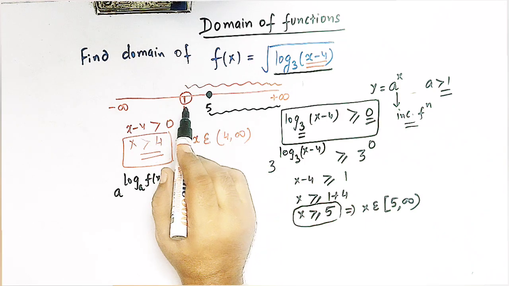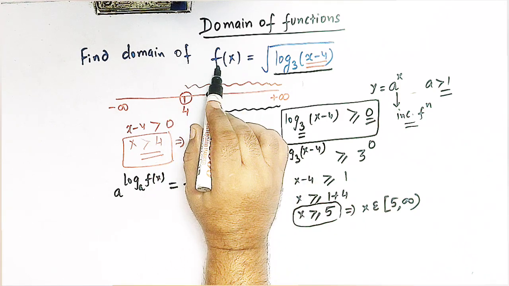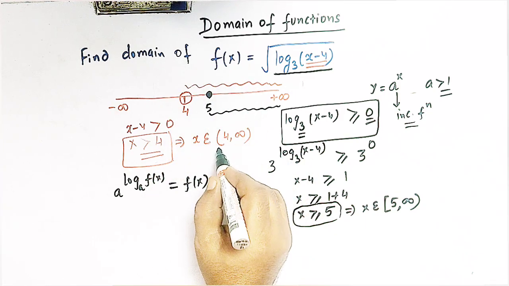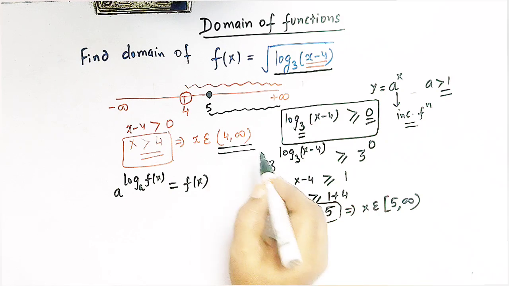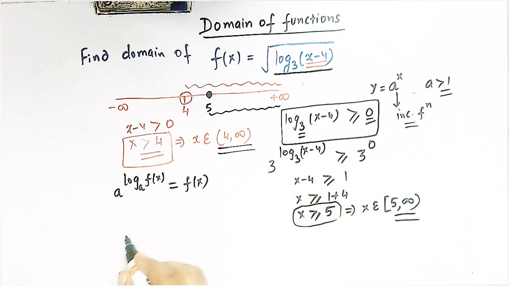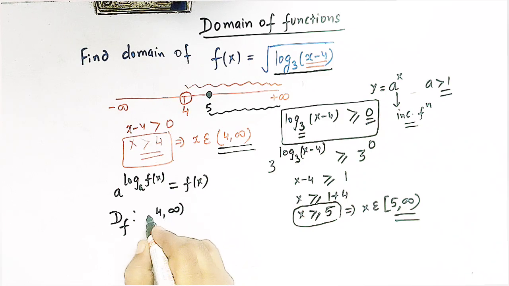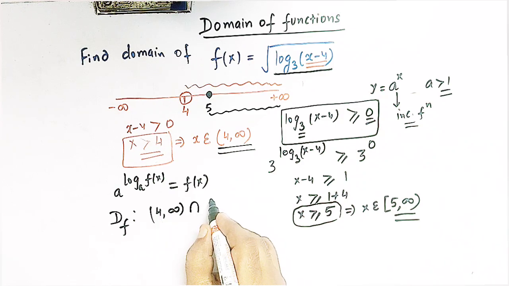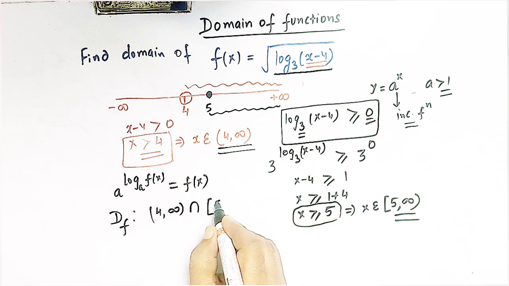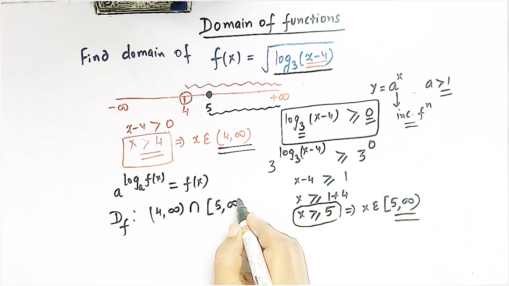Now the domain of this function f of x is the intersection of this interval and this interval, that is, domain of f is given by 4 to infinity, intersection, 5 to infinity.